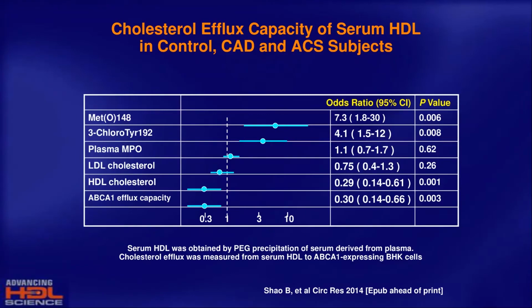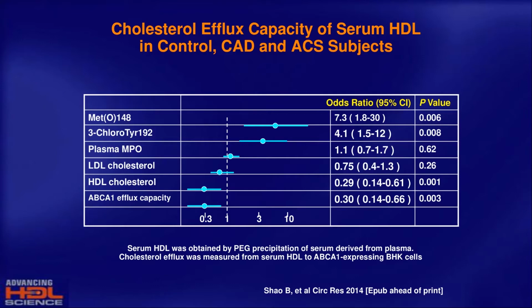In this table, we can see that modification of the ApoA1 at the methionine 148 residue... I'm sorry, these lines should be up just a little bit. So it's associated with a higher risk of coronary disease, as is a modification from 3-chlorotyrosine.